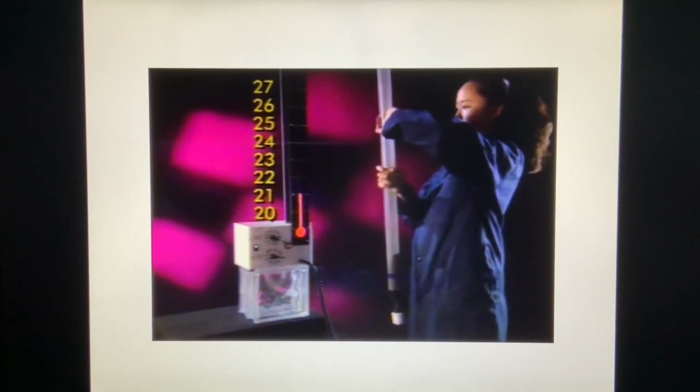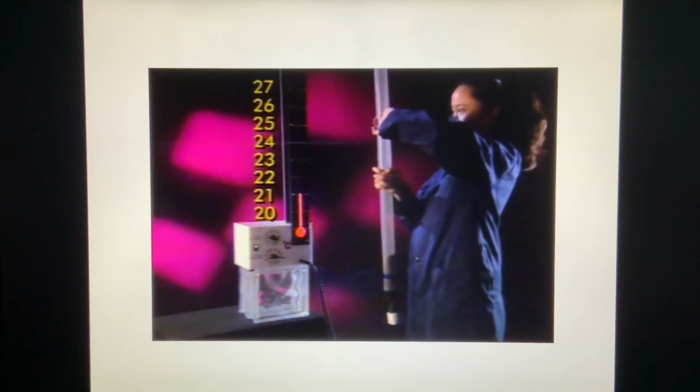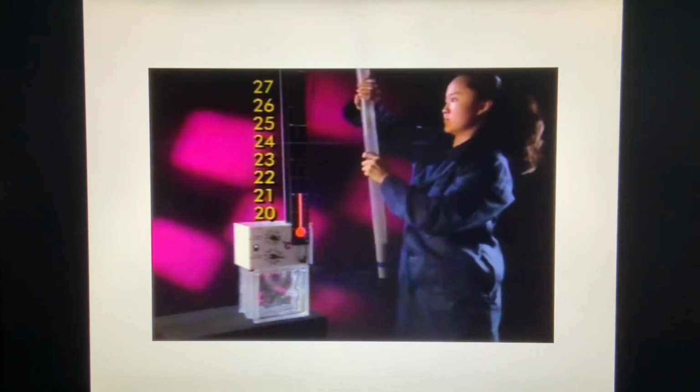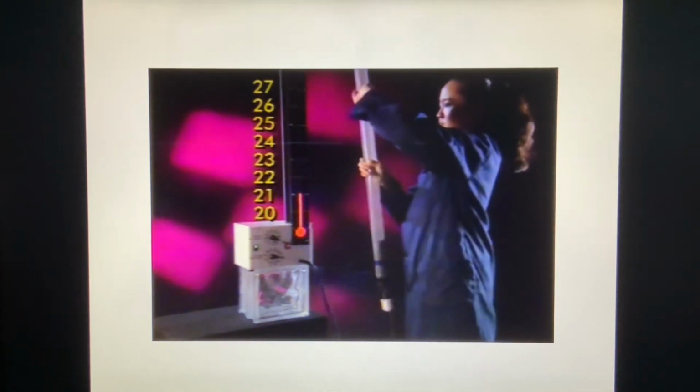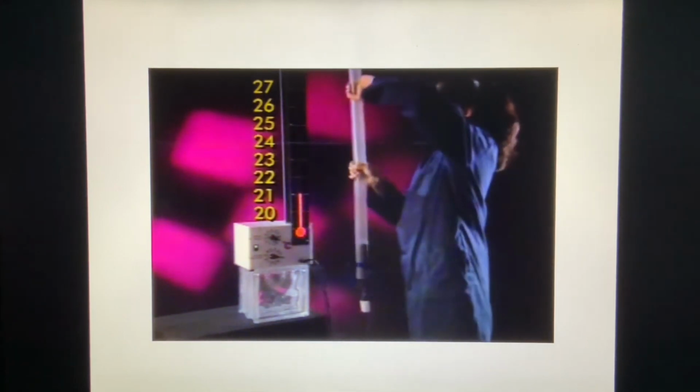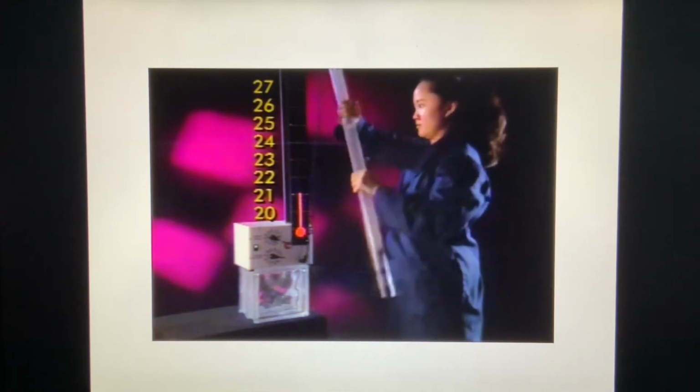We'll use this plastic tube loaded with lead shot to show how mechanical energy is transformed into thermal energy. The temperature of the lead shot is initially 21 degrees Celsius. We'll perform mechanical work on the lead shot by flipping the tube end over end. Each flip raises the shot 1 meter, then drops it back to the bottom of the tube.